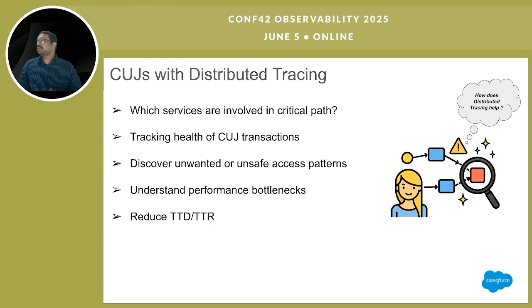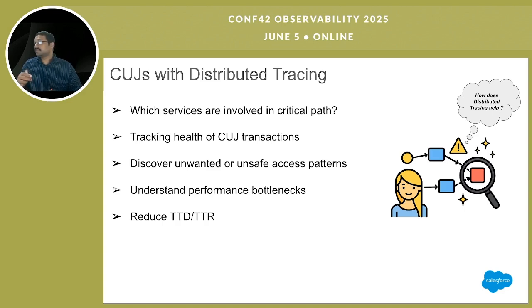Now, how can distributed tracing help with CUJs? It can help you answer very key questions. For example, which are the services that are involved in my critical path? And what is the health of these critical CUJ transactions?